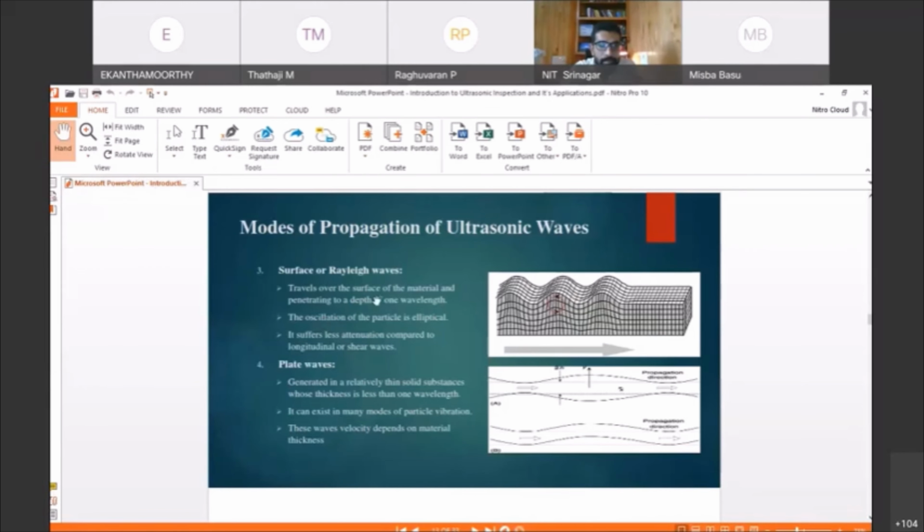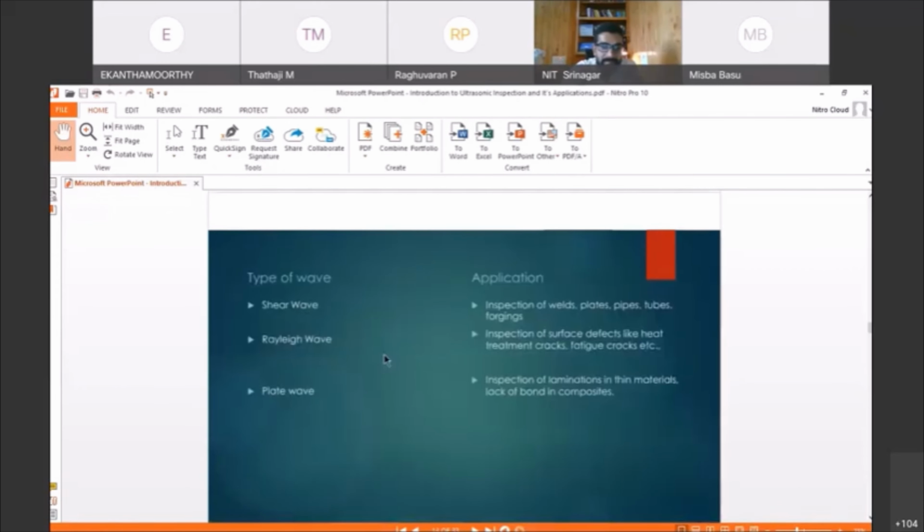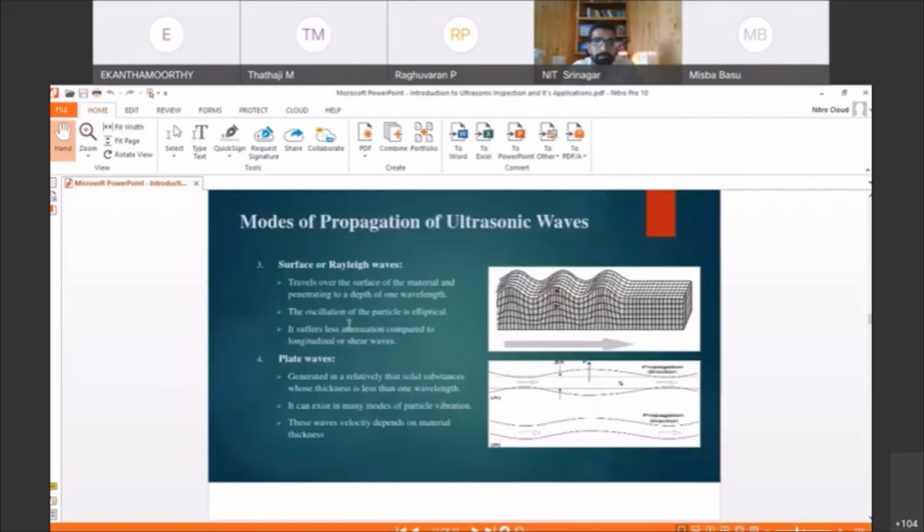So for plate waves, if you see this block diagram, the oscillation of particles is in an elliptical shape. These different modes of wave propagation we will use in different applications based on inspection scope. One more is plate waves, generated in a relatively thin substance whose thickness is less than one wavelength.